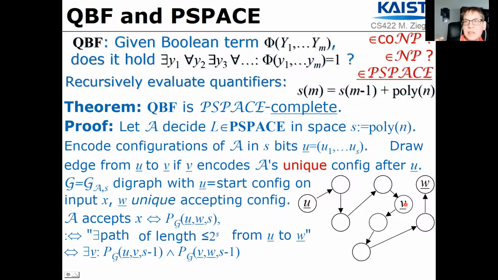Does it make sense? And that's an equivalence. So if there's a vertex halfway, then the overall distance from U to W is at most the sum of the two distances from U to V and from V to W, which is by induction hypothesis at most 2 to the S minus 1. So this is indeed an equivalence, and it's Boolean.